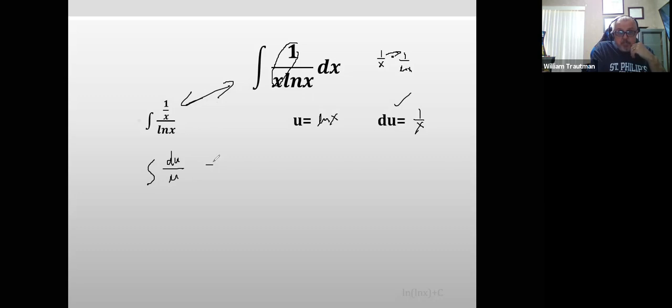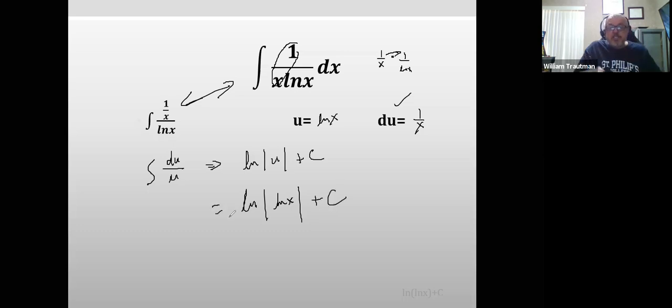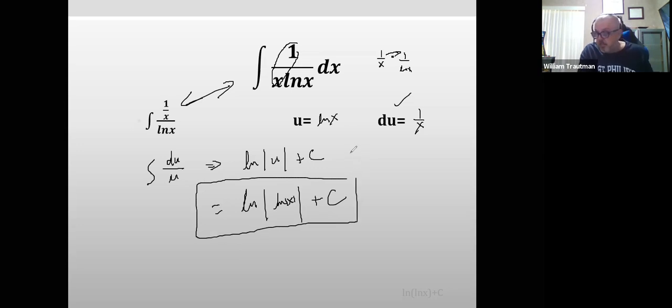This ends up equaling the natural log of u plus c. Well, what's u? U equals the natural log of x. So it looks a little weird, but this is the answer. It's the natural log of the natural log of x plus c. You could put an absolute value symbol in there also. Doesn't matter. And that's what you get.